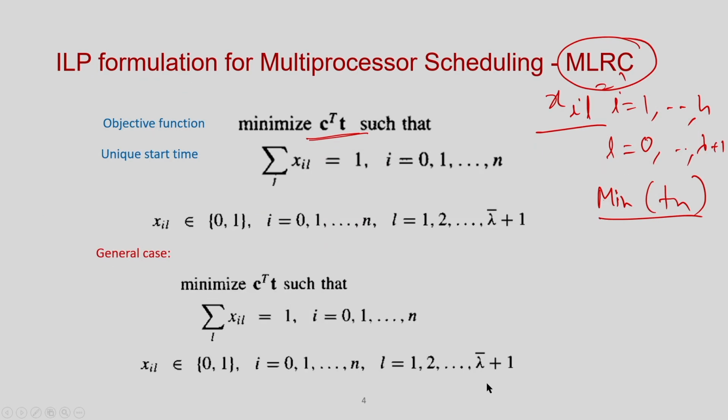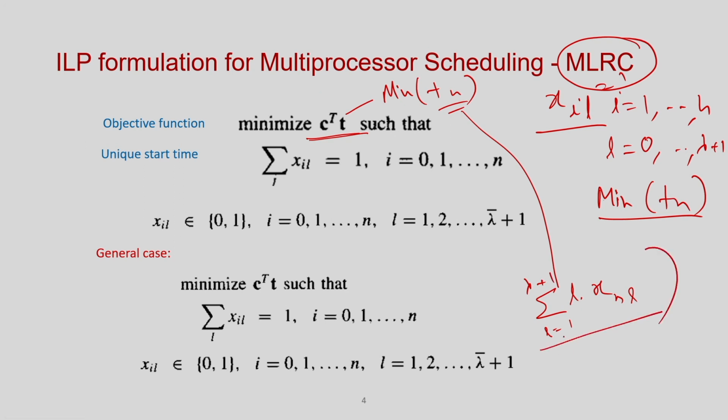So our objective function for minimization of latency is the start time of the last node, and we have to represent this T_n in terms of x_il, which I can represent as the summation over l, from 1 to lambda plus 1, of l times x_nl. This should be minimum. This is something we try to achieve.